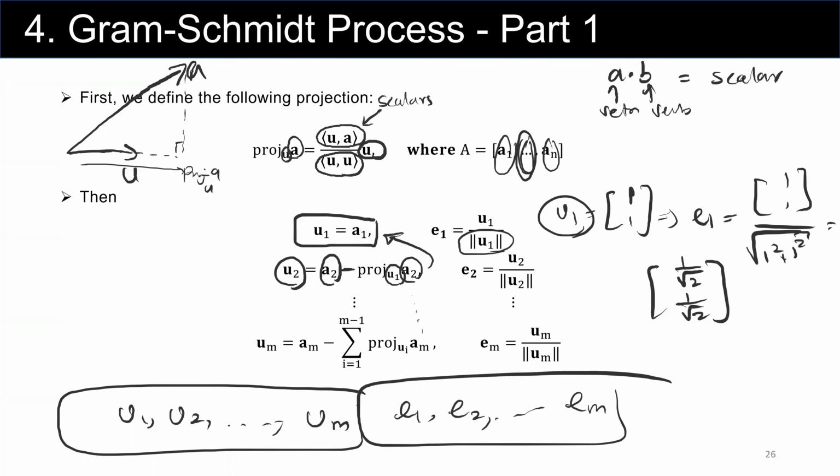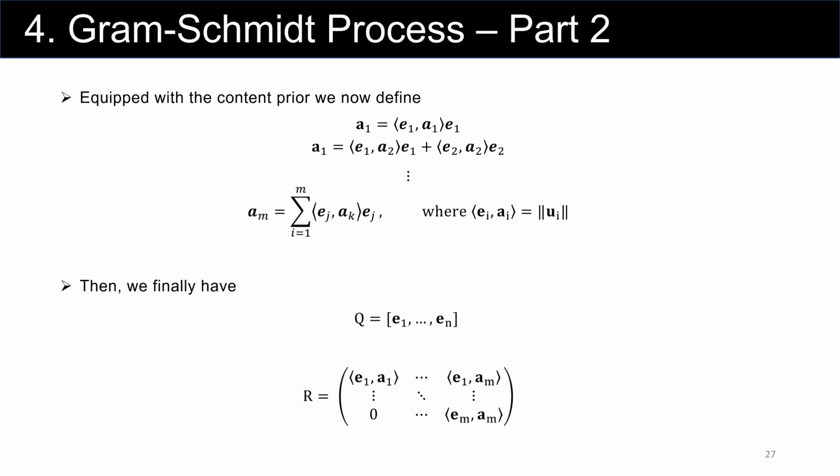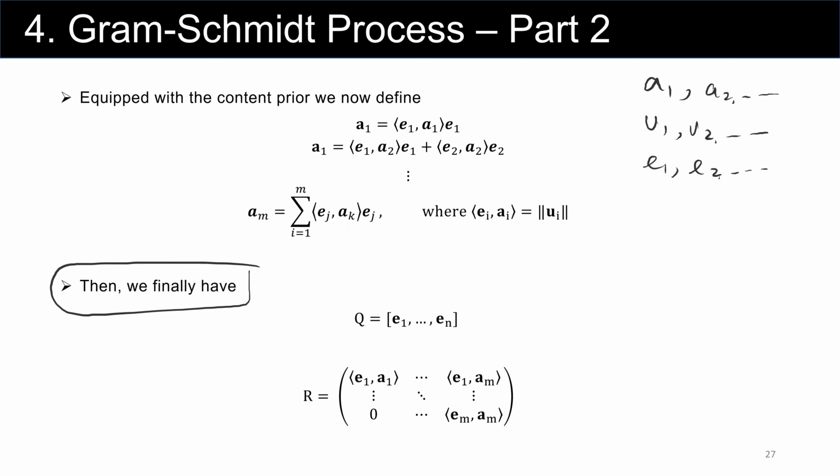All right. After doing this process, now we have all of the contents from the previous slide: the A's, U sub 1, U sub 2, E sub 1, E sub 2. Now we define the Q and R matrices.